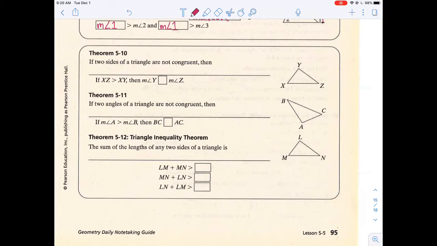Theorem 5.10 says if two sides of a triangle are not congruent, then the larger angle lies opposite the longer side.